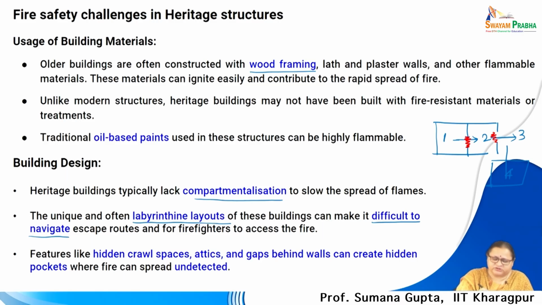Also, a point of concern are the hidden crawl spaces. Many heritage structures may have a sloping roof. Now, you see some temples, there are a lot of crawl spaces where people cannot access, but there are connected spaces at the roof level, some attic spaces, gaps between walls, behind walls, hidden pockets where fire can spread undetected.